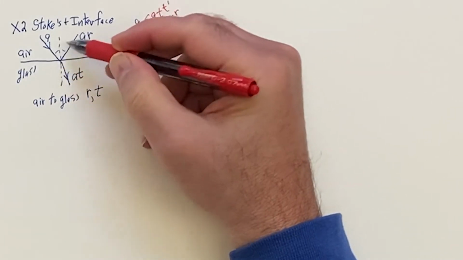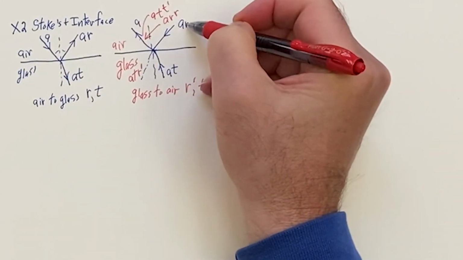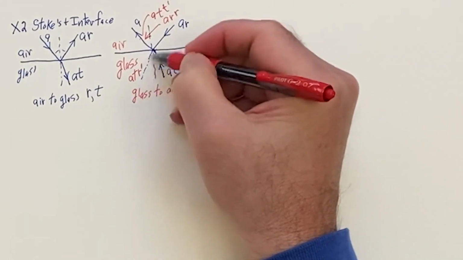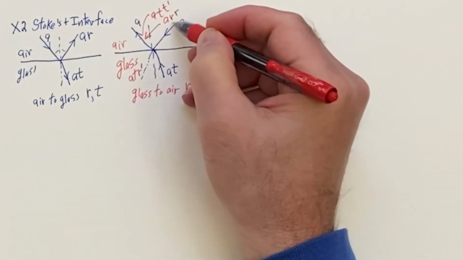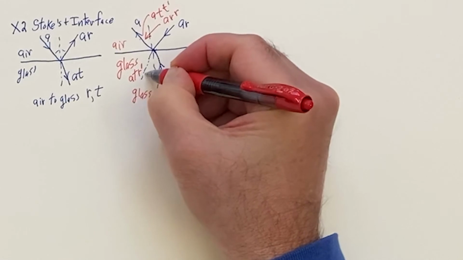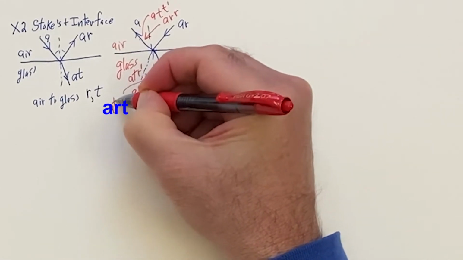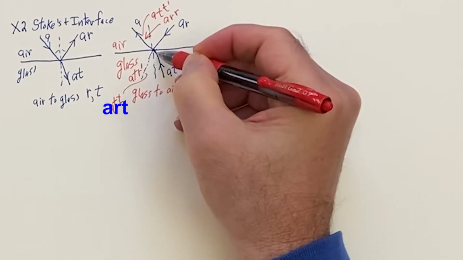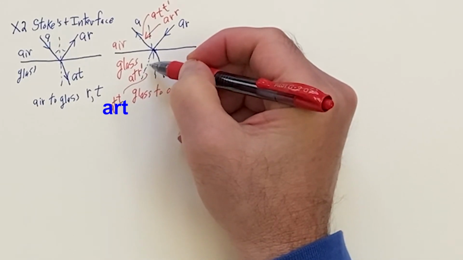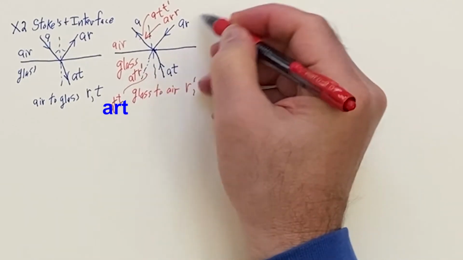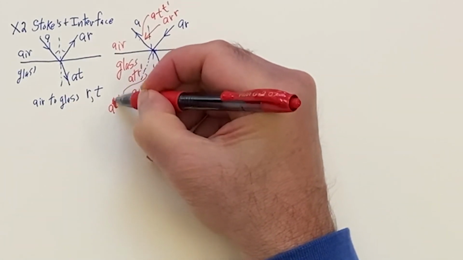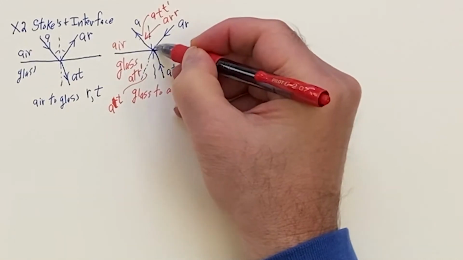That's like the case we had over here. So you just tack an R on to the AR. And then when you go down in here, you're going from air to glass. So this would be a T, like the regular T going in there. Oh, ART, sorry, ART. My mistake there. So that would be going from AR into here.